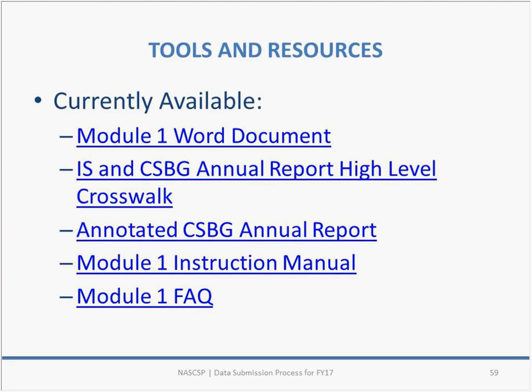Resources available in addition to Module 1 include a Module 1 Word document, an IS and CSBG annual report high-level crosswalk that takes you through the various modules and sections and how they're related, an annotated version of the CSBG annual report, the Module 1 instruction manual, and the Module 1 FAQ. These are on our website. And as always, if you can't find anything, feel free to contact us, and we will locate it for you.